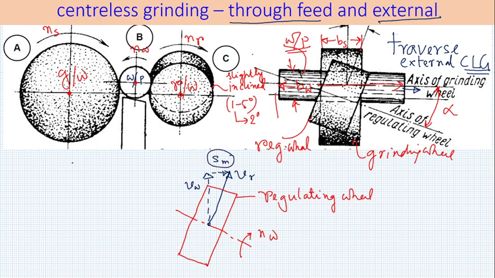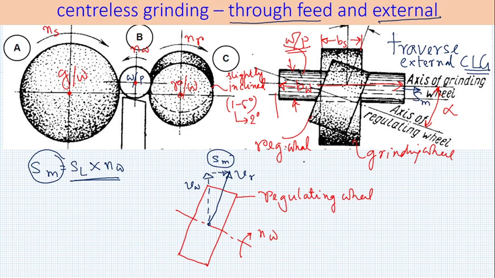What is SM? SM is the longitudinal feed of the job into NW. So this SM is nothing but this arrow which has been shown here. So automatically the job would be getting a longitudinal feed.